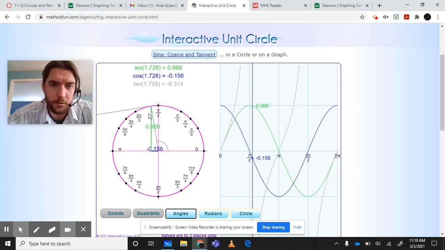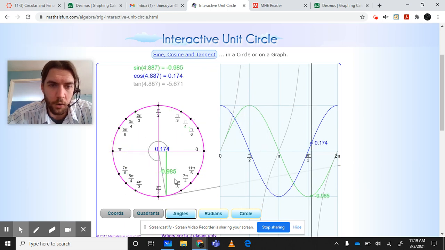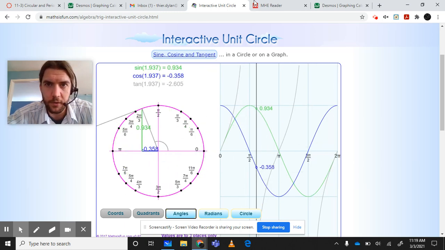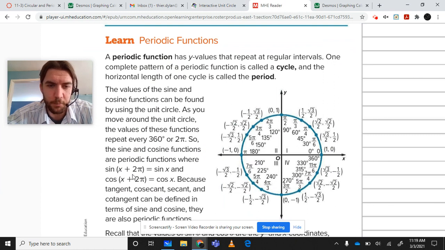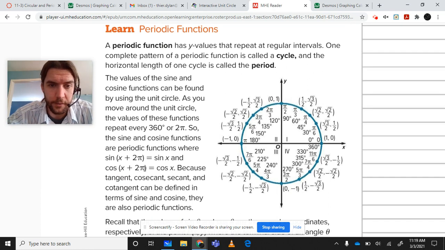So that's what they mean when they say the sine of x plus 2 pi is the same as just the sine of x. Same thing here, the cosine of x plus 2 pi is the same as the cosine of x, because it's repeating every 2 pi angles that travel by.